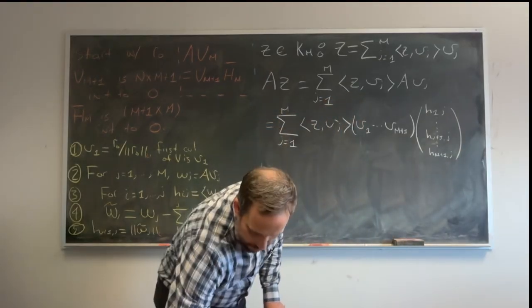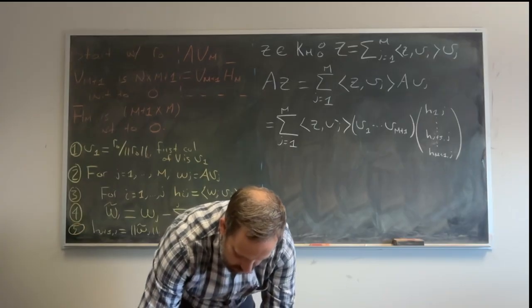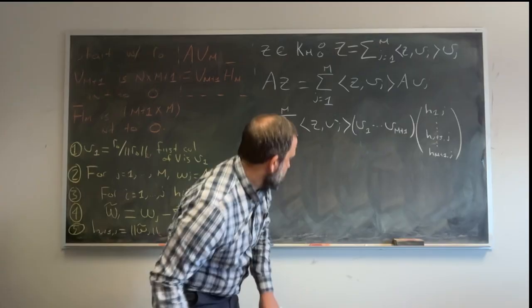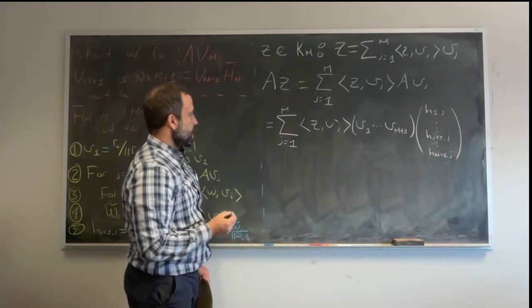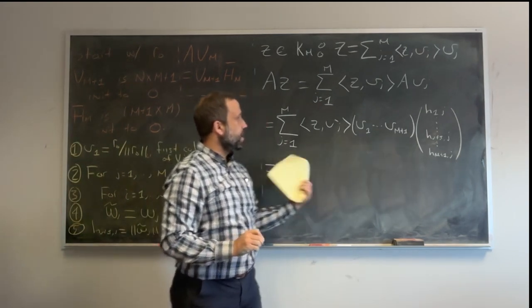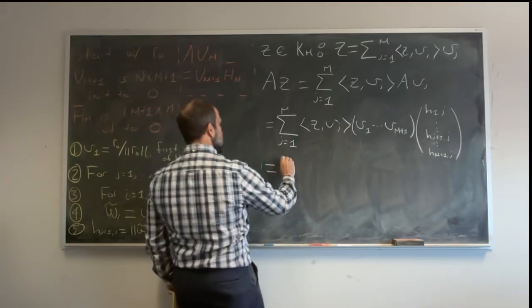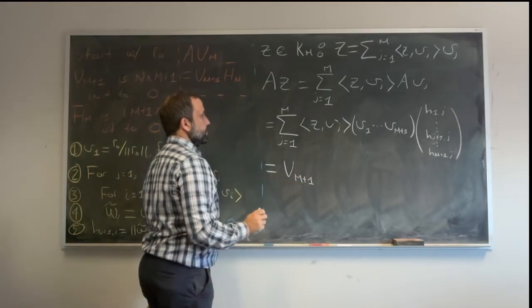Okay. I think I've gotten this down to as small as I can go. All right, but now notice what we can do here. This is just the Vm plus 1 matrix, and it's not depending on j, so we can move that to the outside. And I'm just going to call it Vm plus 1.